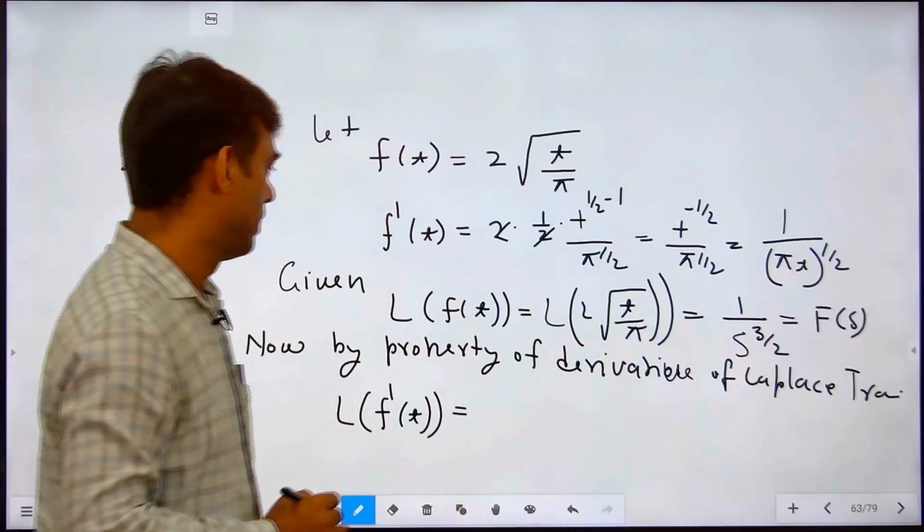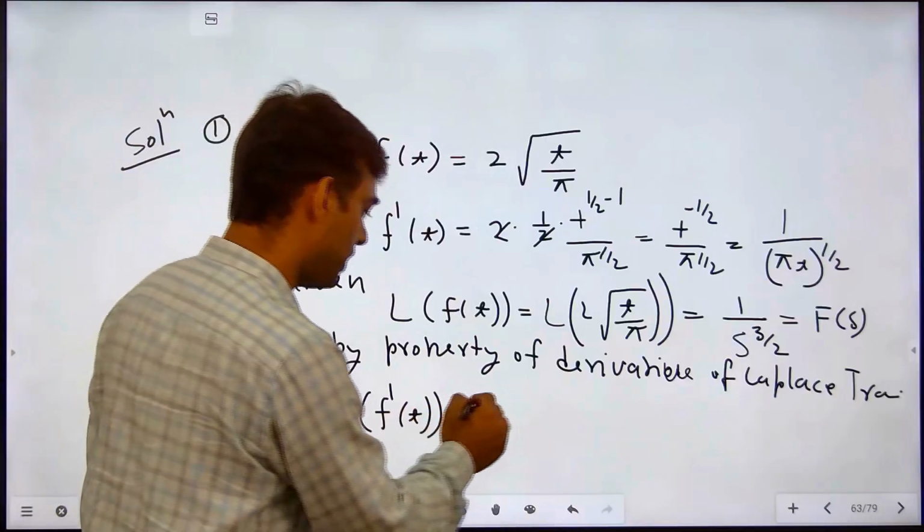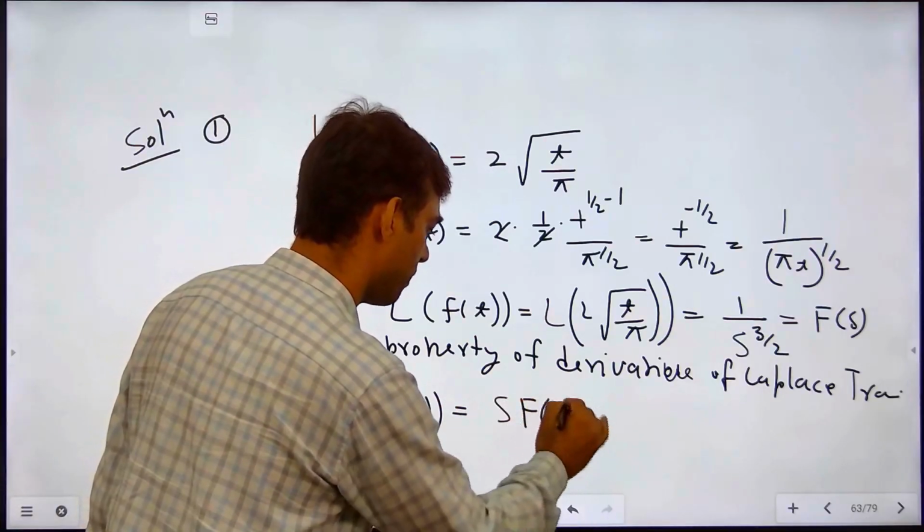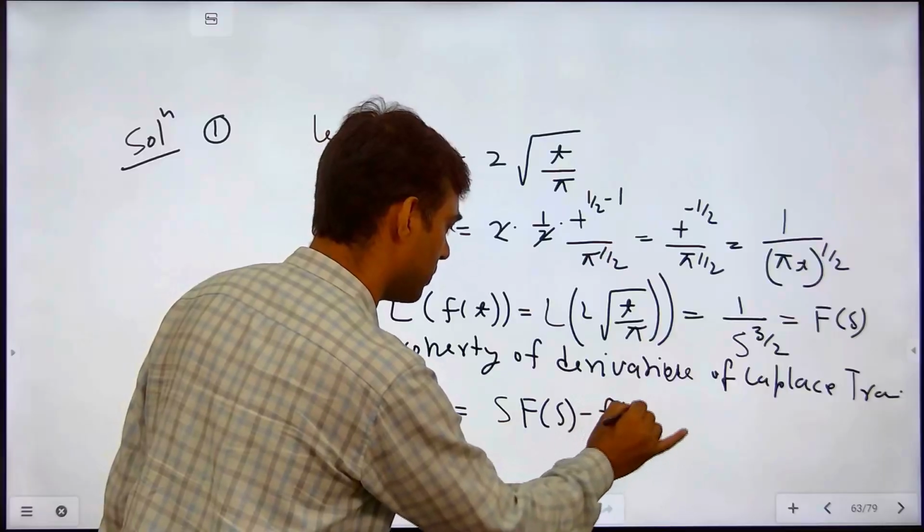F(s). So, the Laplace transform for f dash t equals s F(s) minus f of 0.